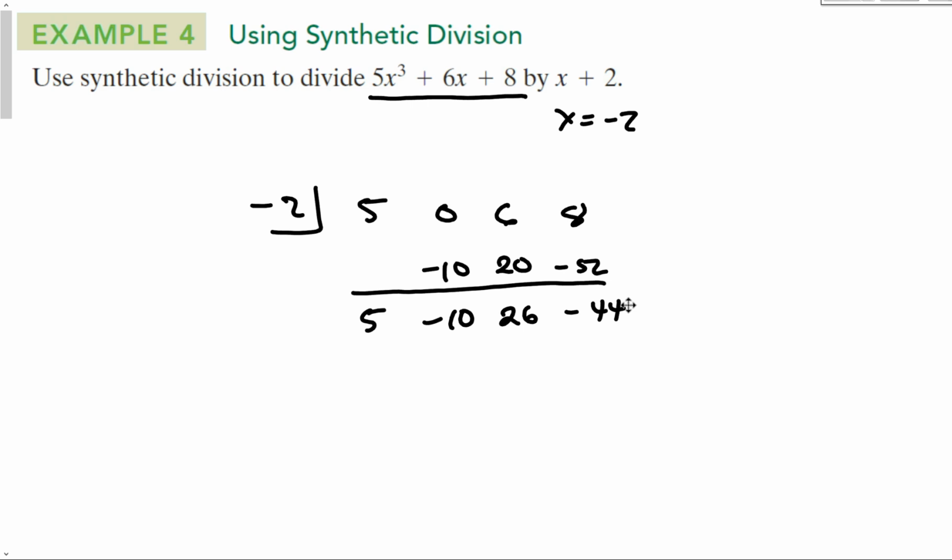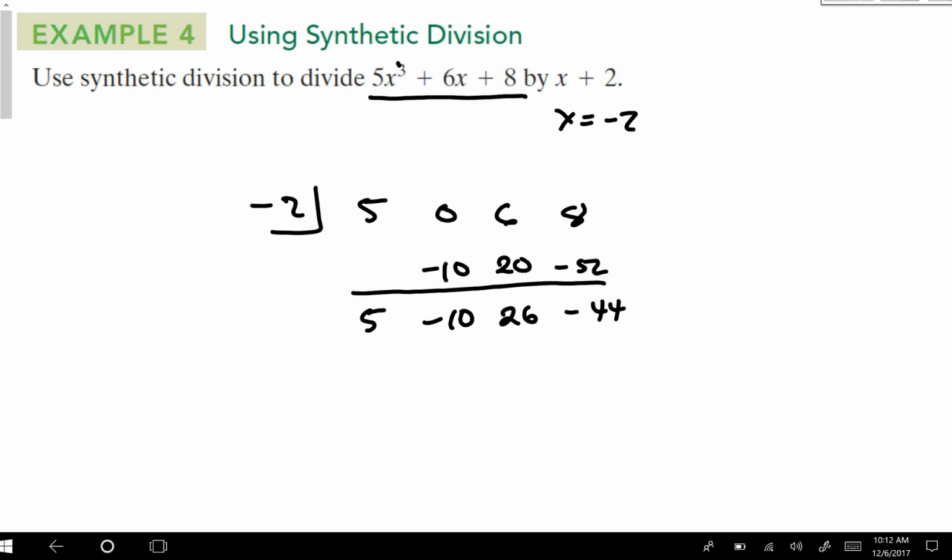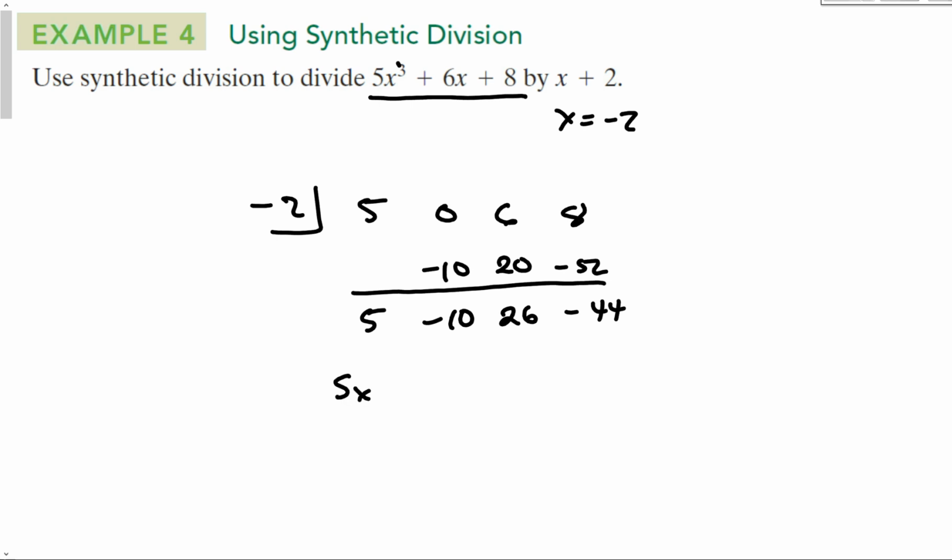So look at your answer here. We start with 1 degree less. So this becomes 5x squared minus 10x plus 26, minus a remainder 44 over x plus 2, because that's what I divided by.